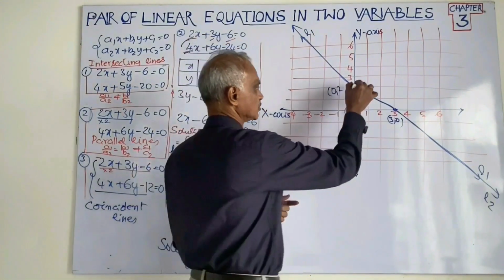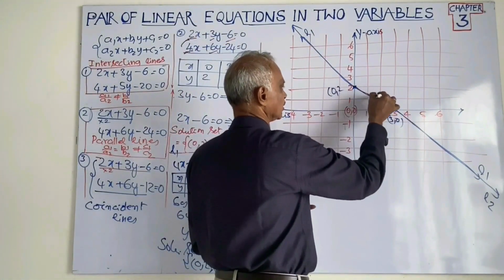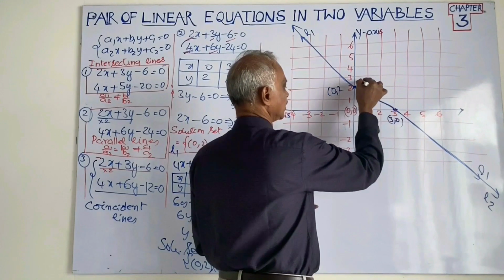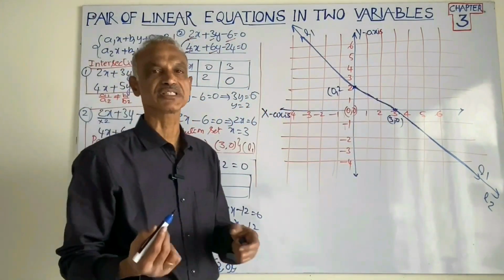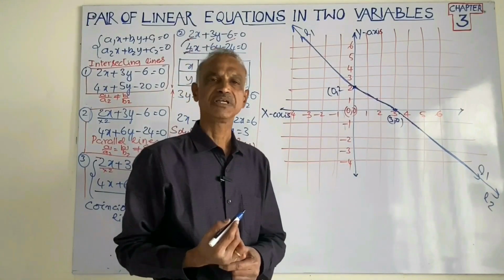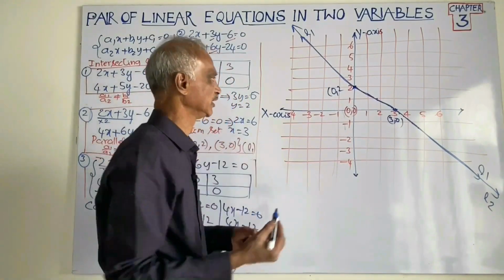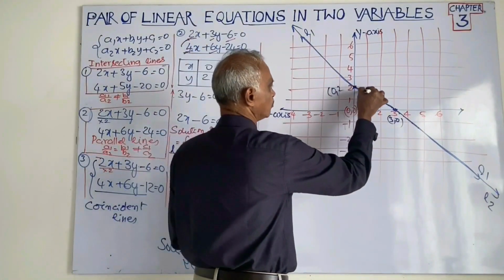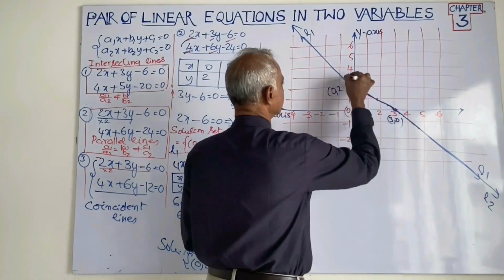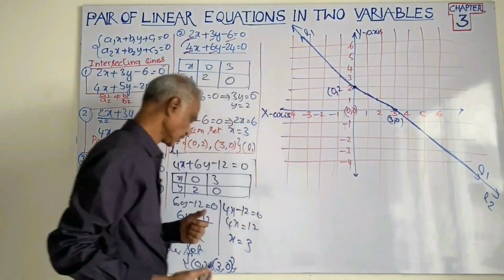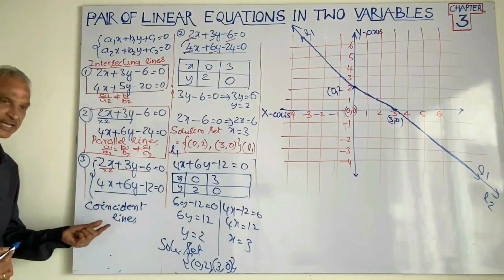You are getting (0, 2), (3, 0), all of them in the form of x, y. What is the solution for coincident lines? Infinite solutions are there. For all points, you will get a solution for these two lines. Therefore, these are coincident lines.